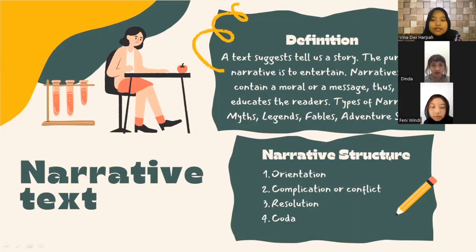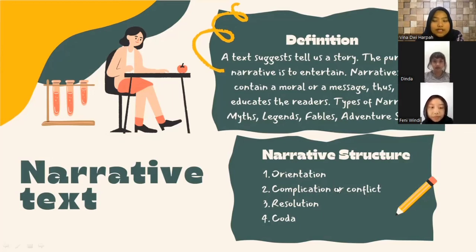And narrative structure is orientation. In the orientation, we can find the background of the story, like where, when, and the character. Okay, and the second is complication or conflict.